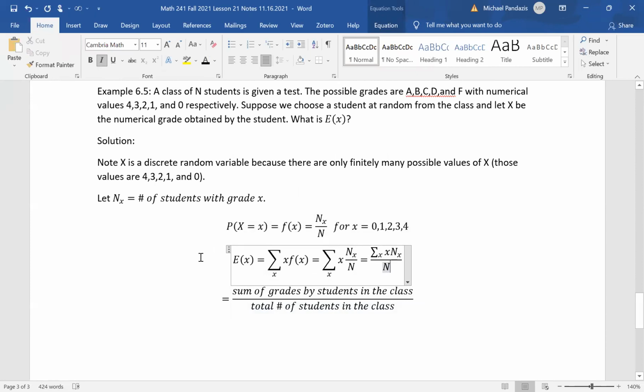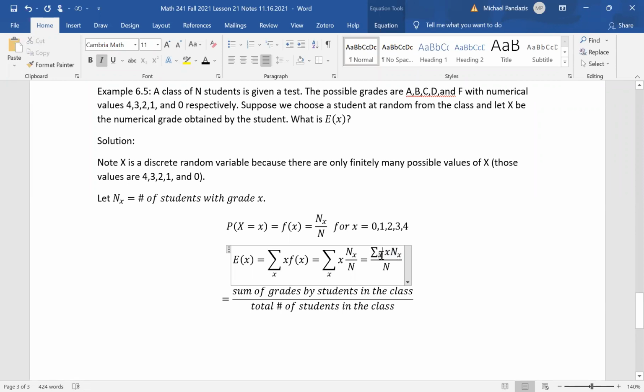Now, saying that the numerator is the sum of the grades by students in the class, we just make this observation, right? For each possible value of x, for each possible grade, you're taking that grade and multiplying it by the number of students who received that grade. Okay, so you're taking each possible score and multiplying it by the number of students who got that score. That's the same as adding up the scores of all the students with the same fixed score.